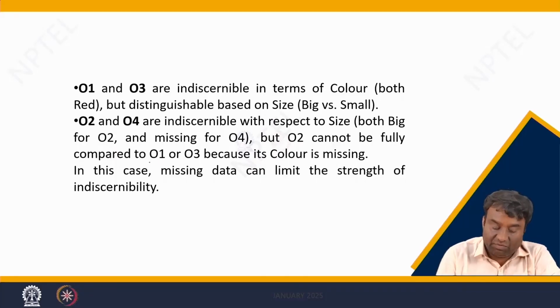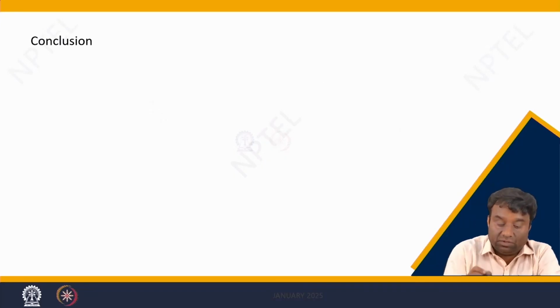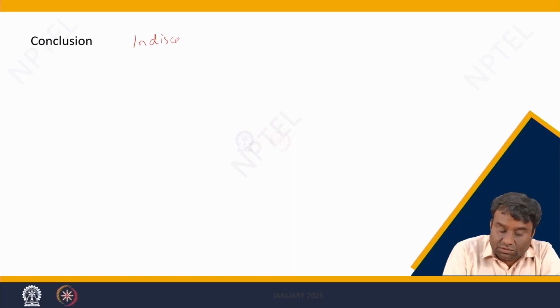But O2 cannot be fully compared to O1 and O3 because its color is missing. So in this case, missing data can limit the strength of indiscernibility. I hope in this class we have understood the concept of indiscernibility.